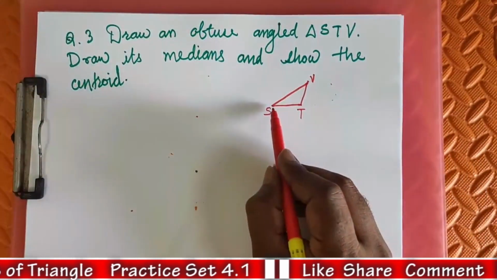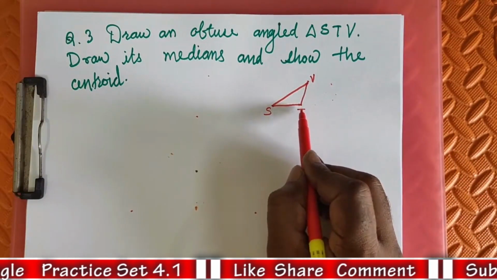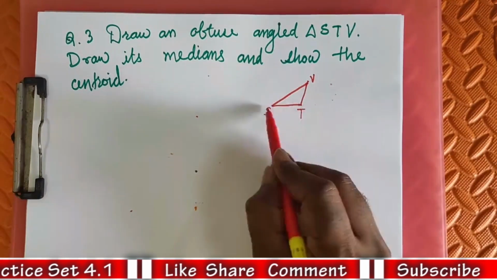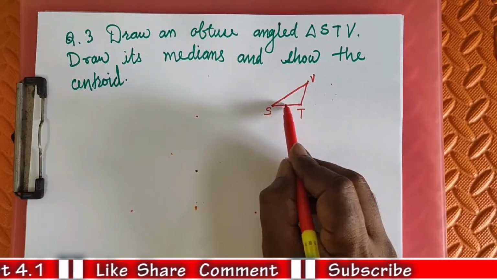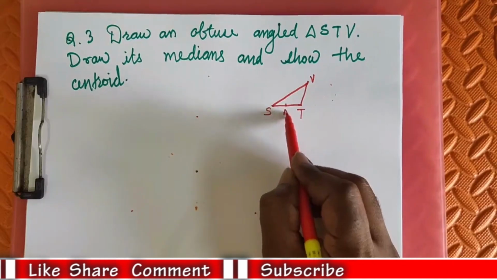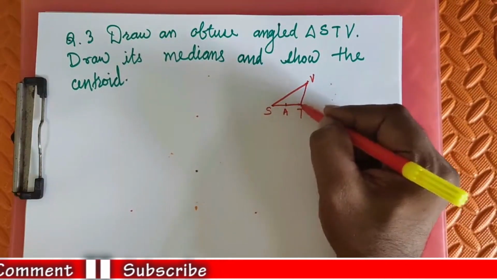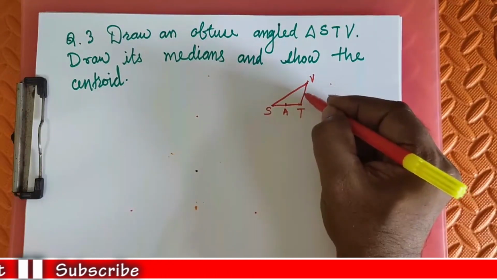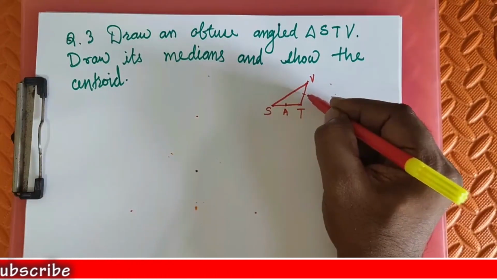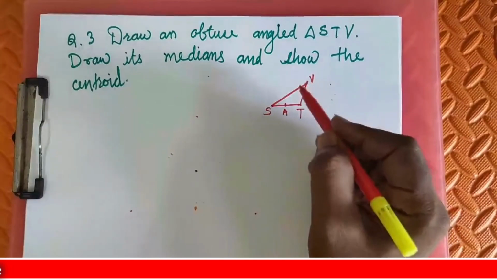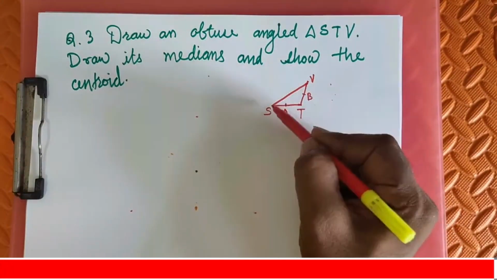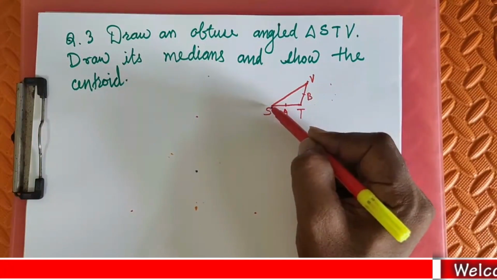I will take this side total 6 centimeter, so at 3 centimeter I will get the midpoint. This I will take 8 centimeter. Here I will get midpoint B. And third one, we just have to join point S and V.